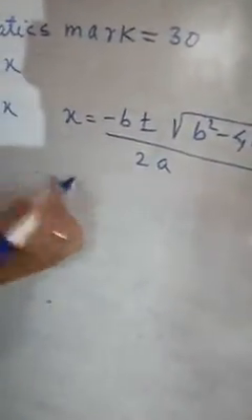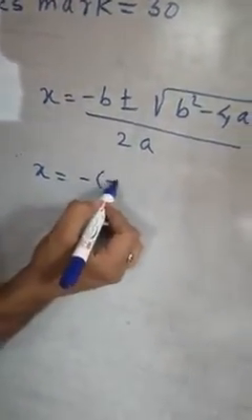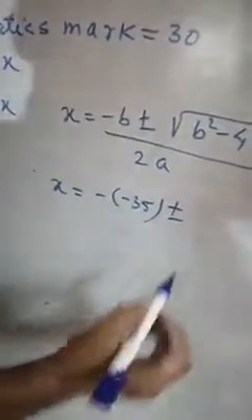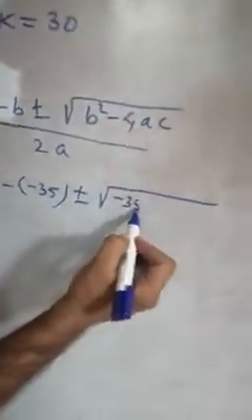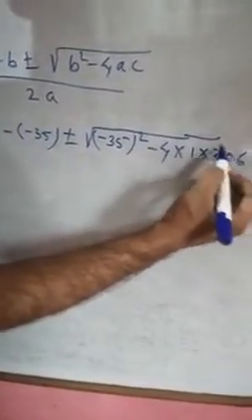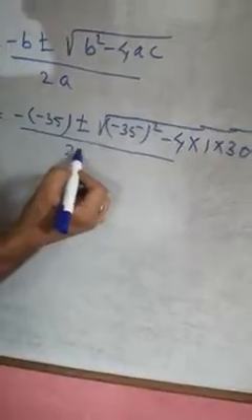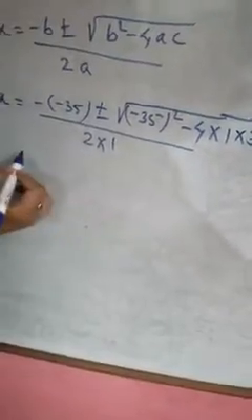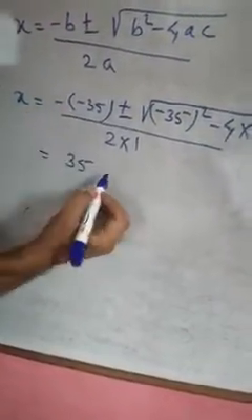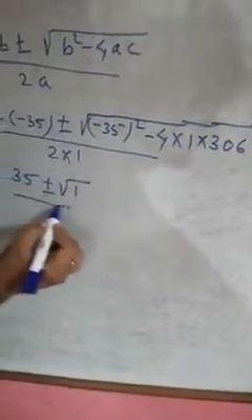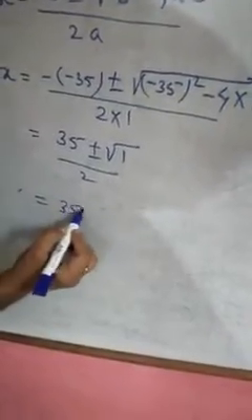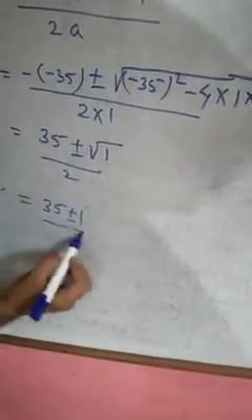So here x is equal to 35 plus minus square root of 1 upon 2, as we have just solved.